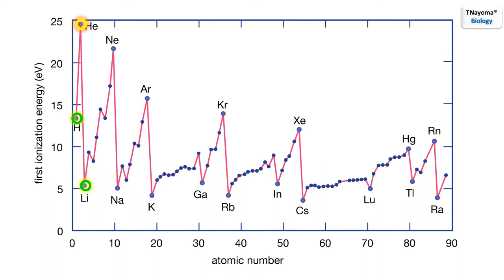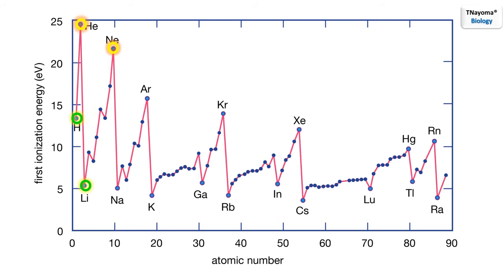And when you go further, you can see that the energy increases towards neon. When you go from left to right, it shows the electrons are not easy to remove. That means the ionization energy increases across the period from left to right.